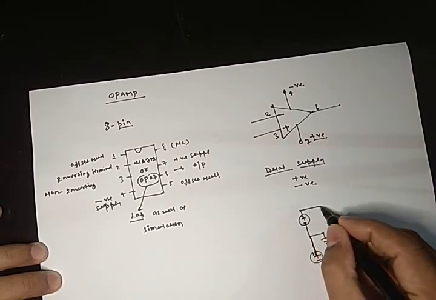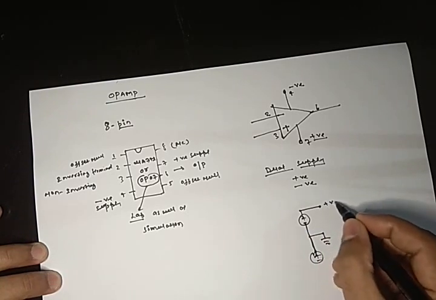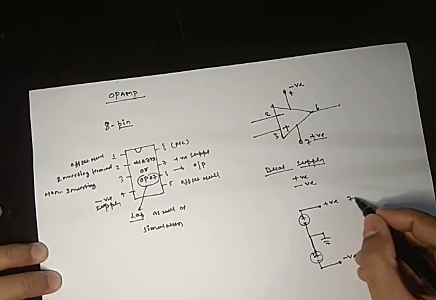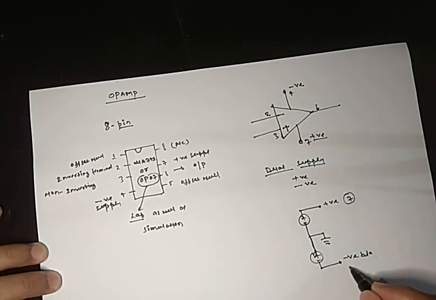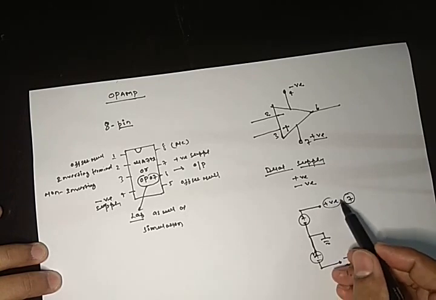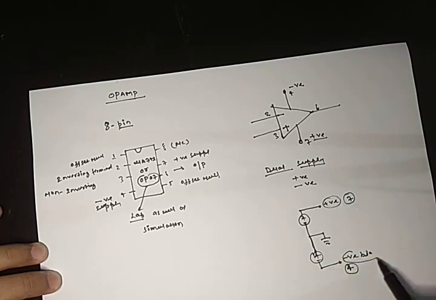The positive side will give your positive biasing, the negative side will give your negative bias. This is supplied to pin number 7 and this is supplied to pin number 4. Like this we can get the positive supply as well as the negative supply.